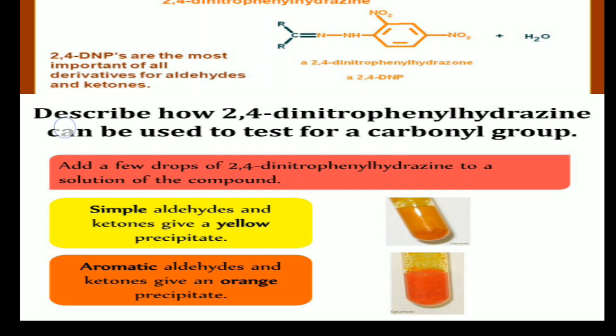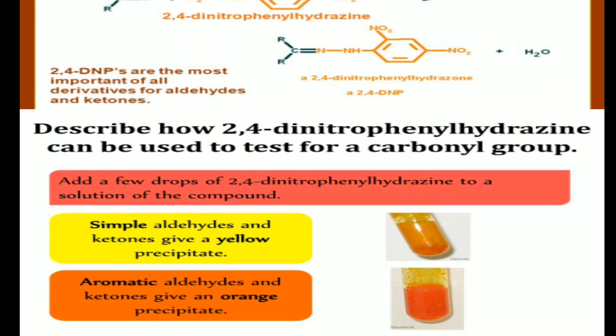So by using this 2,4-DNP solution, we can differentiate carbonyl groups from other functional groups of organic compounds. So it can be taken as the identification test for aldehydes and ketones. Okay, next slide.